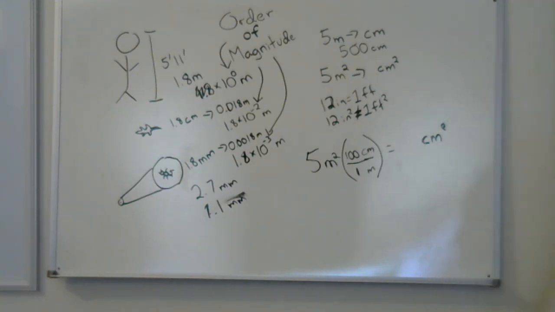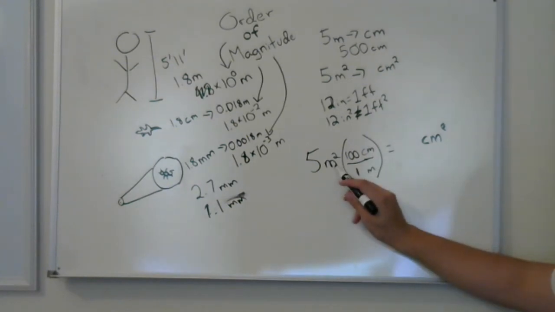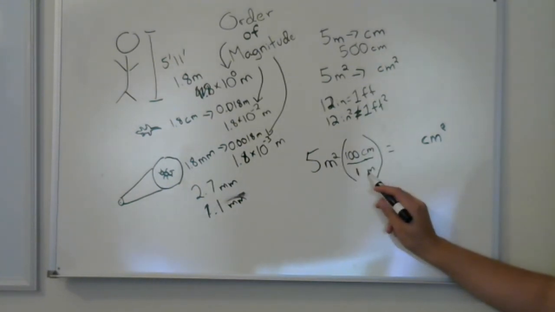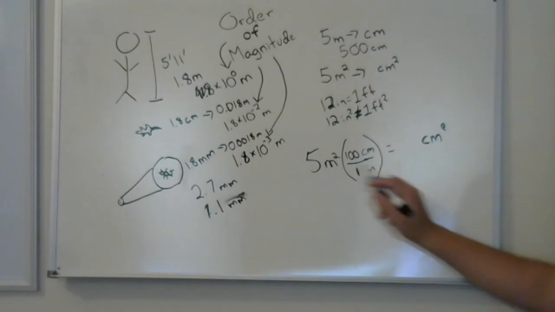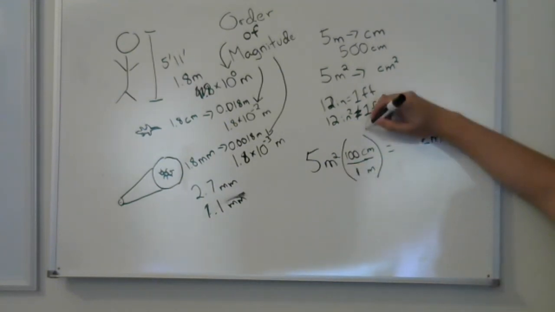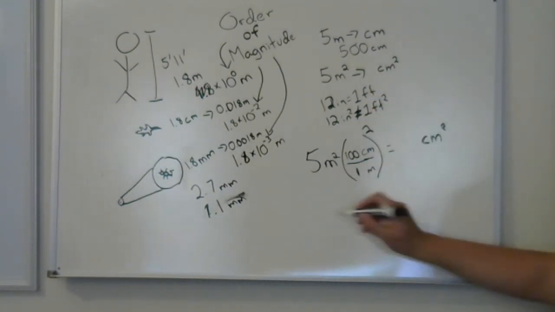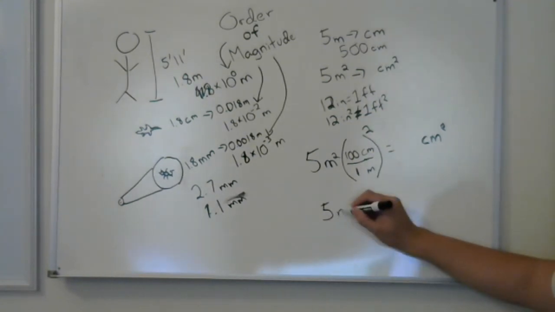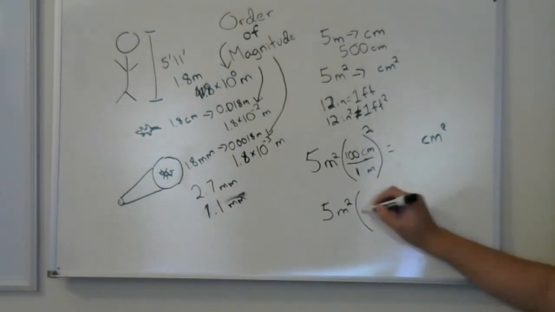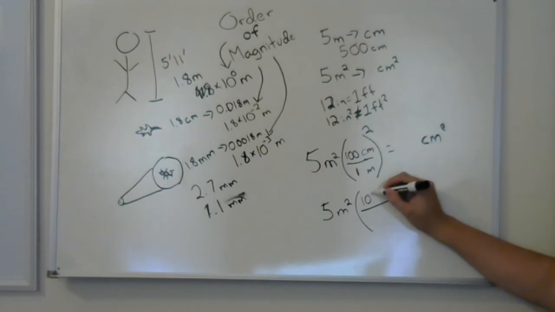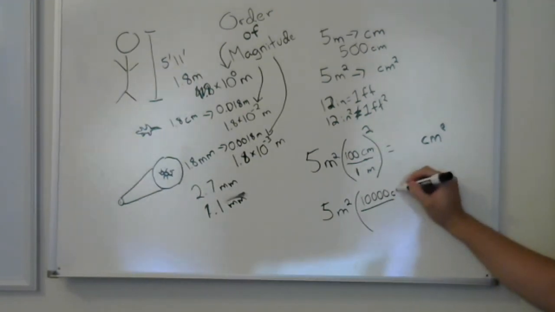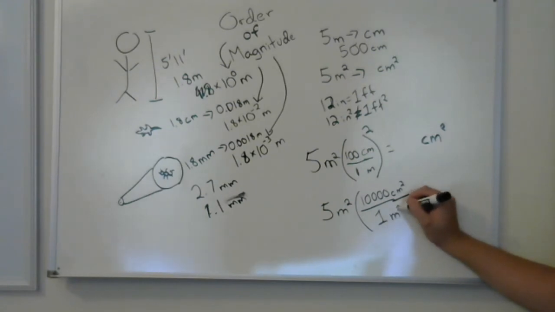Good job, you did it. It doesn't work because the meters are squared here and they're not squared here. To make them cancel properly, you gotta square this. So you're really doing 5 meters squared times 10,000 centimeters squared per meter squared.